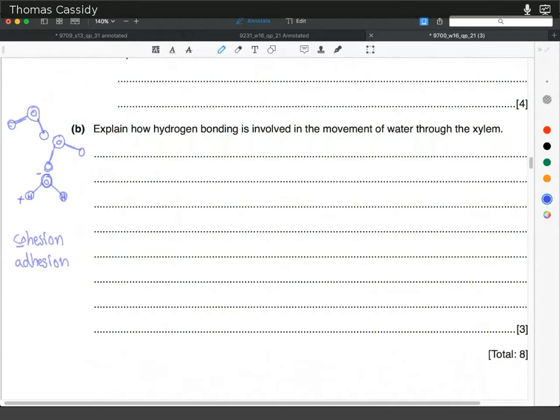Cohesion, keep up being co, is talking about what we're describing here with the water molecules sticking to each other. And adhesion is talking about these water molecules sticking to the actual wall of the xylem.